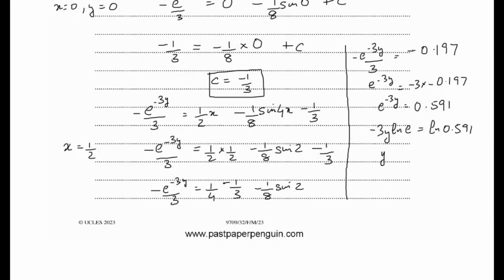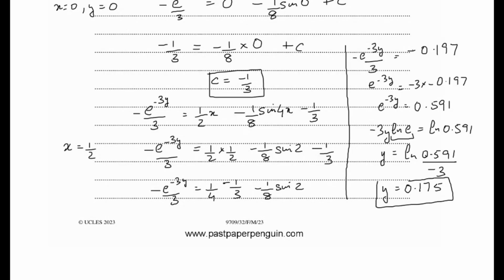Ln e is 1, so we get y is equal to ln 0.591 by negative 3, which is 0.175. And that's the answer they're looking for.